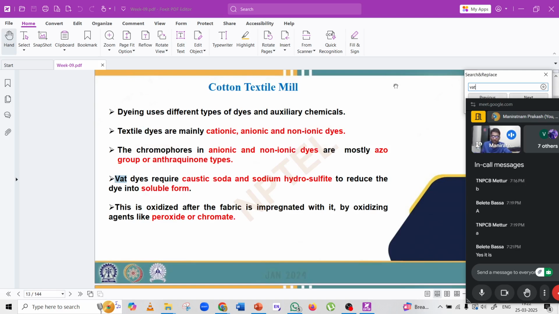So here you can see that vat dye requires caustic soda and sodium hydrosulfide. Now, caustic soda is NaOH.